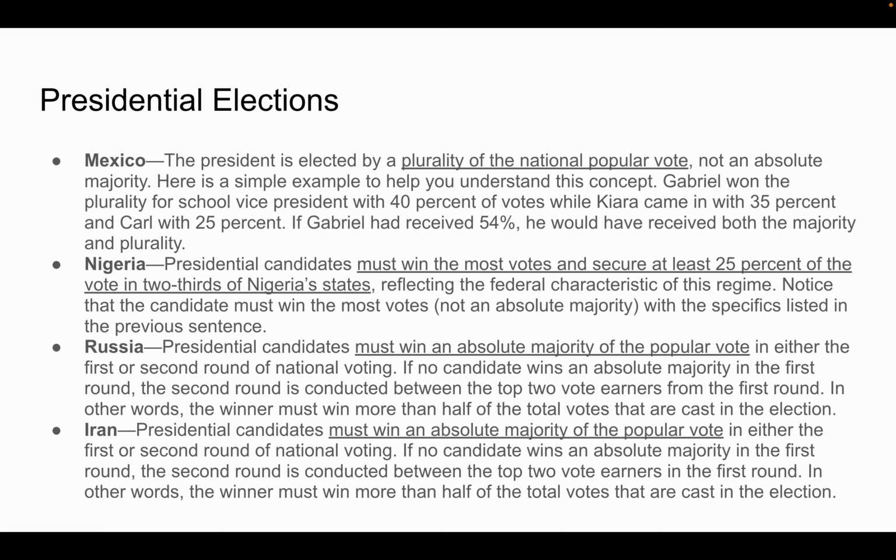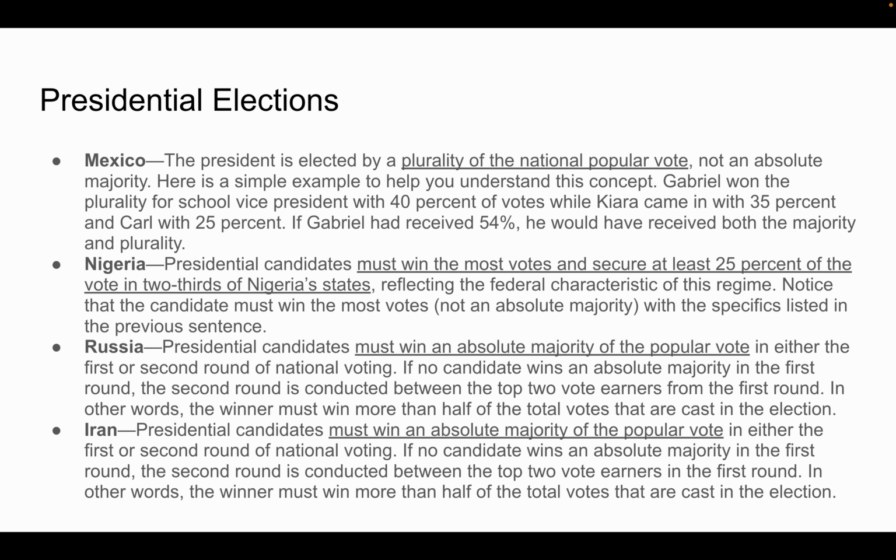If Gabriel had received 54%, he would have received both the majority and plurality. But in this example, if only a plurality is needed, Gabriel had the most votes with 40%, so he did not also need a majority.